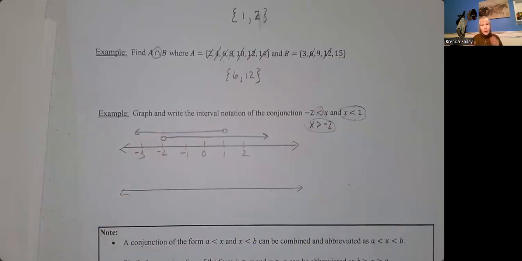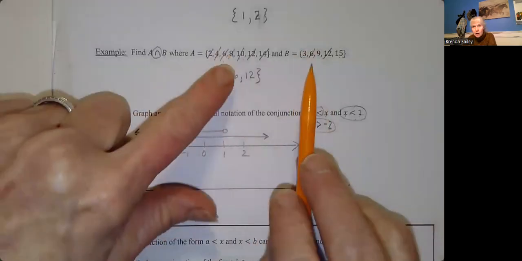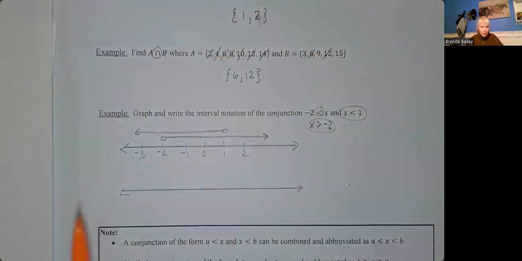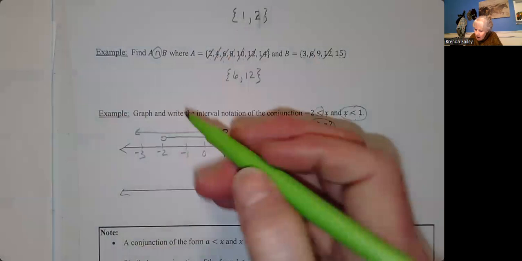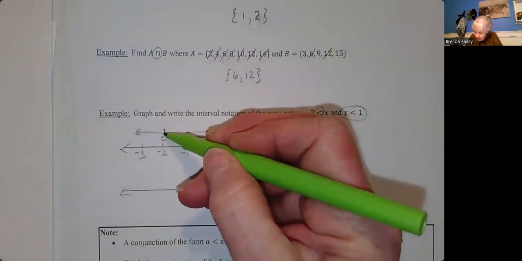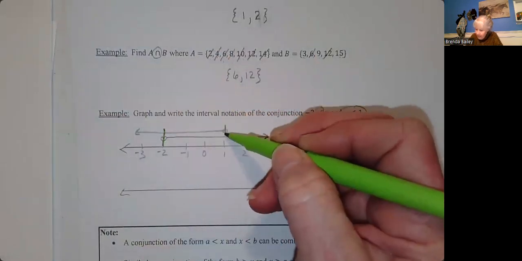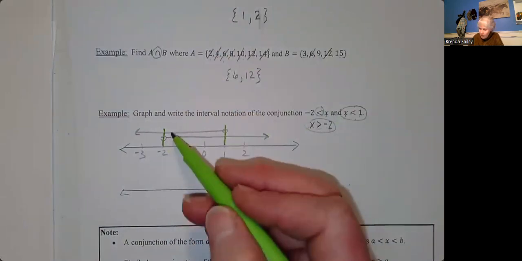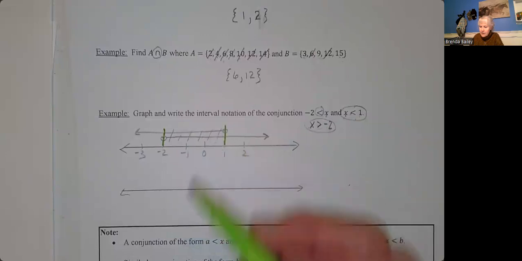Okay, now we're not done yet. What we now look for is actually it's like having these 2 separate ones. Now we're looking for what's in common between those. And looking at that, what's in common is this section here between a -2 and 1, where you've got both graphs.